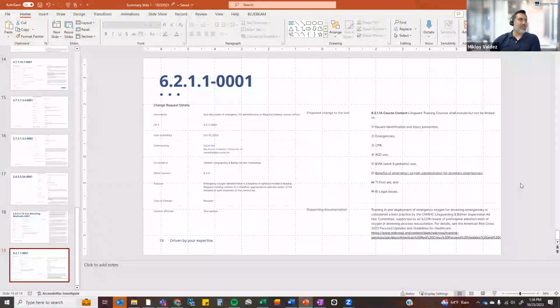Again, this is from the Lifeguarding Bather Ad Hoc Committee. Every lifeguard training course, I think at this point, has information on emergency oxygen. So it doesn't change anything that the industry is already doing. It just more accurately lists the course content in the MAC.